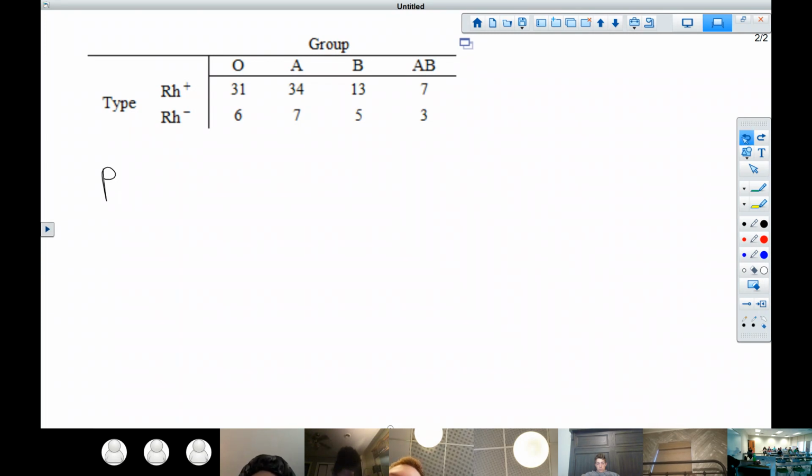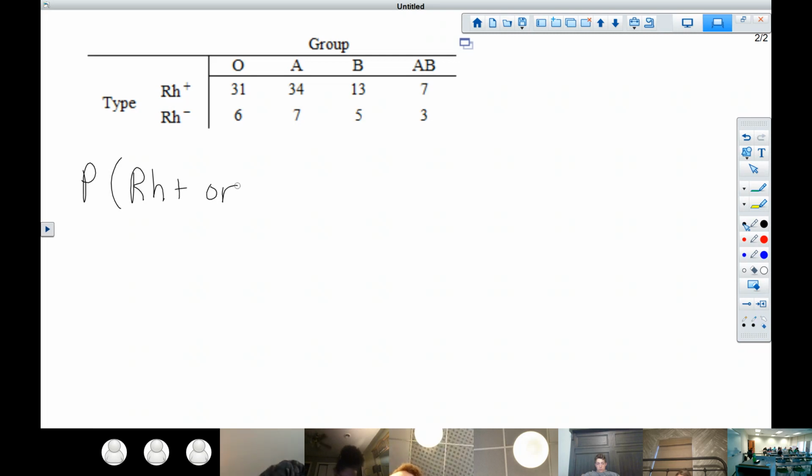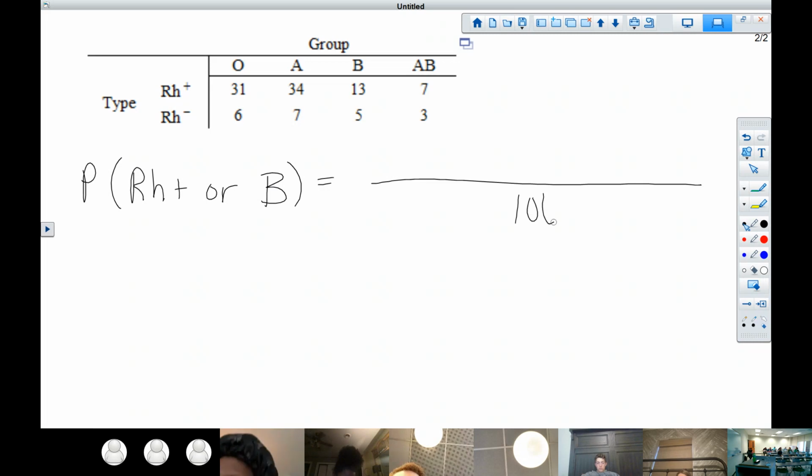Now I'm going to do the probability of Rh positive or B. I want you to do that one. It's still over 106 because that hasn't changed. The denominator has not changed.